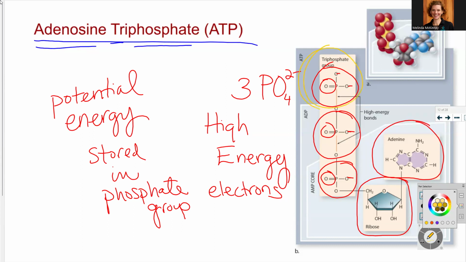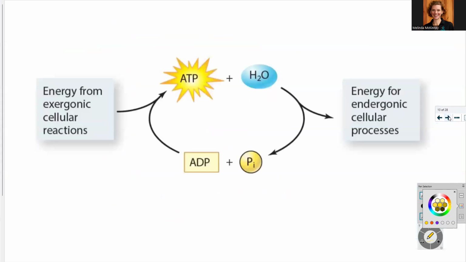This one up here, this bond is really high energy. And so when this comes off, that energy can be used. Okay, so adenosine triphosphate, 3 phosphates. So this is showing ATP, our high energy molecule.